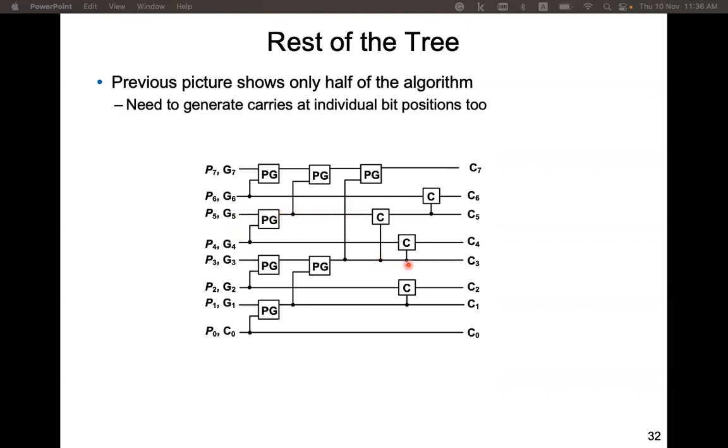It also needs the group input, which is now C3. And C6 is simple because C5 is available already. And then the individual propagate and generate combined with its input gives C4.